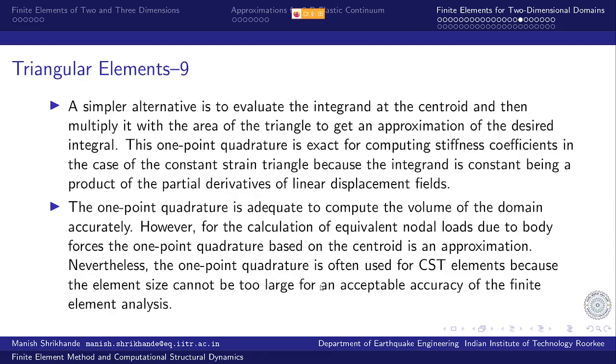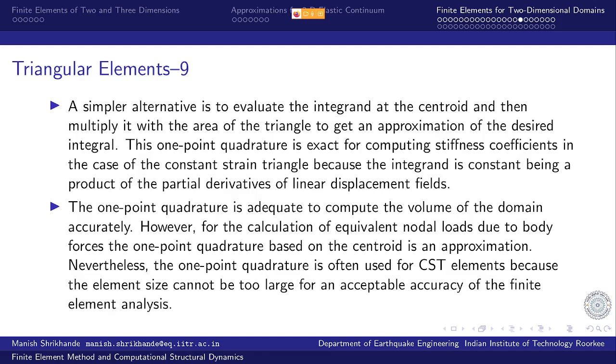The one-point quadrature is often used for CST elements because the element size cannot be too large for acceptable accuracy of finite element analysis. Because the strain is constant all over the domain, it obviously cannot be used to model a large part of the domain.